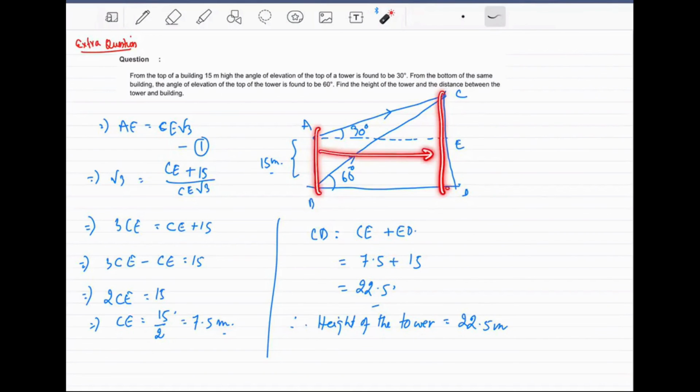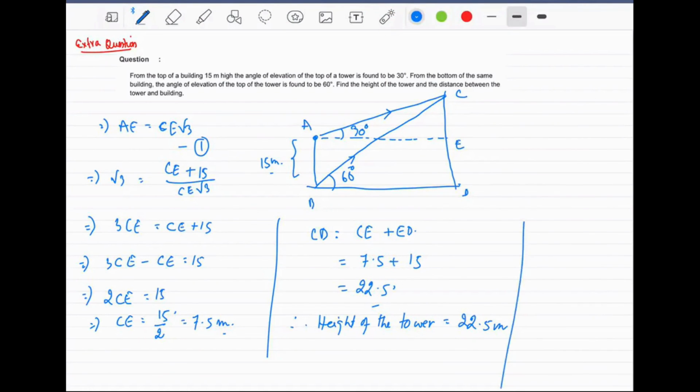This part, AE or BD, same value, right? So distance between the tower and the building, let me do it on the side. Distance between tower and building. Tower and building is AE. Distance between them is AE, also equal to BD.